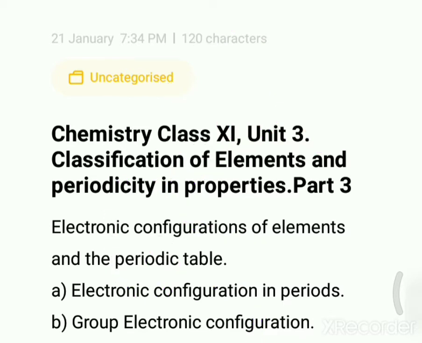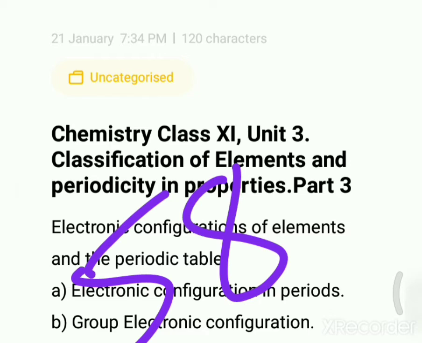In the order of filling, the 4f orbitals begin with cerium, atomic number Z equal to 58, where Z is the atomic number, and that ends with lutetium, atomic number 71.